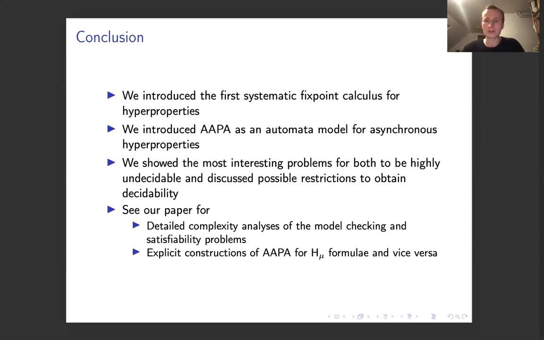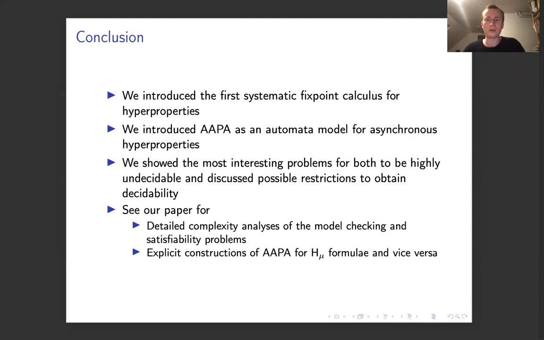Now, of course, the paper is much more detailed than this talk. And in the paper, you will additionally find detailed analyses of both the model checking and the satisfiability problems. So the satisfiability problem is of course, to decide for a given logic such as h-mu, whether a formula has a set of traces fulfilling it.